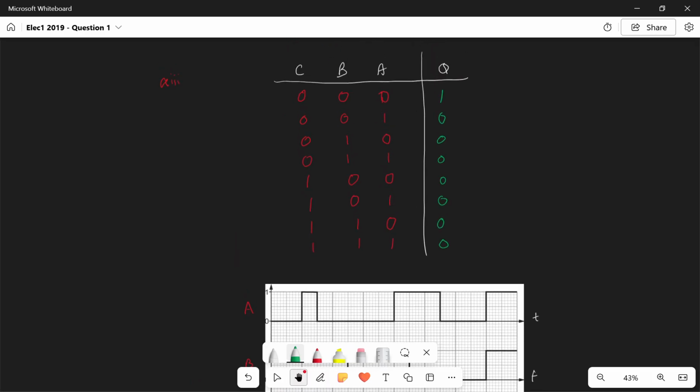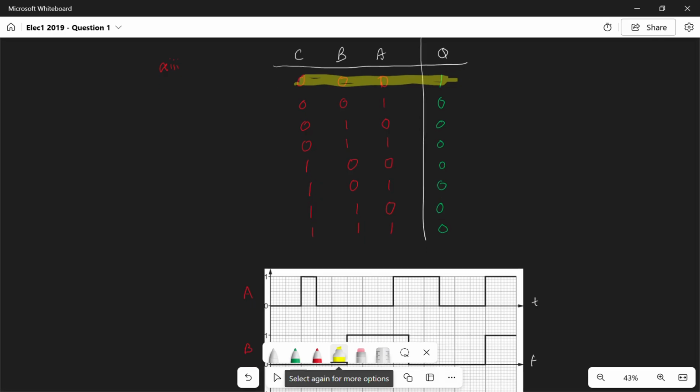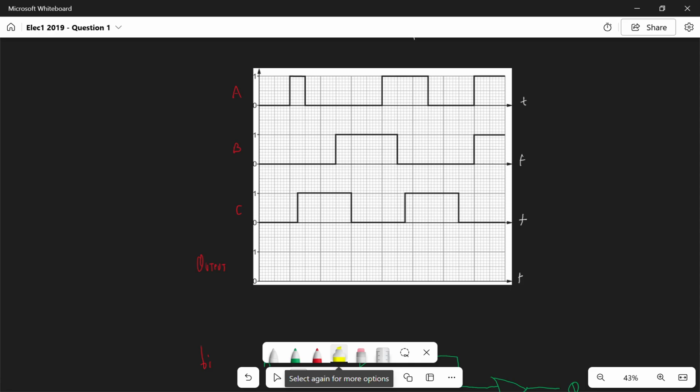And what we need to do is just go back, look at the graph, and just realize that what we have here is a line where when C, B, and A are all low, Q is high. And this is the only time when Q is high. So when we go back to our graph down here, we know that we're looking for C, B, and A to be low.